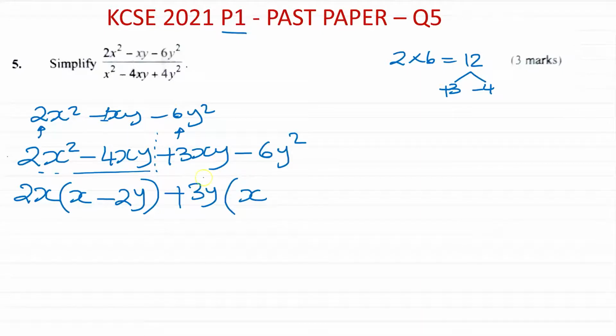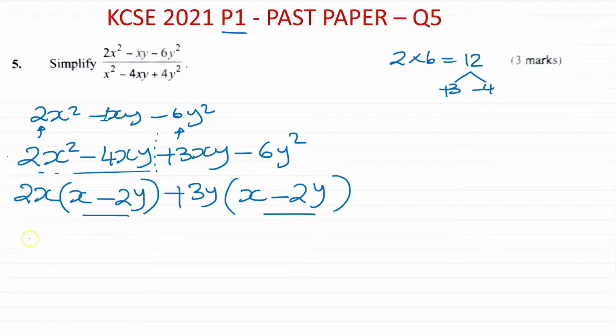Now I have a negative and a plus here, so it must be negative here. I need a 2 to make a 6, and a y to give me y squared. Now you can see I have the same brackets here. I only take one of those brackets to form my factorization.